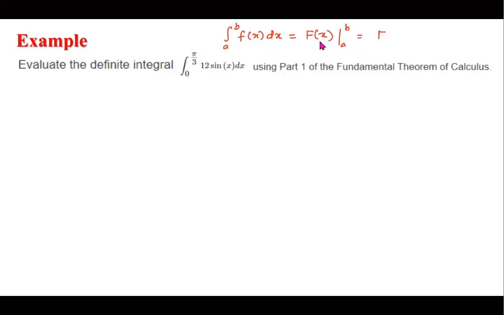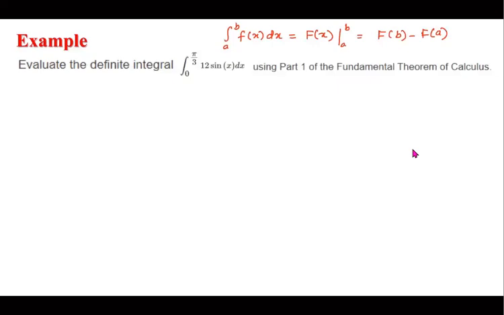By the first part of the fundamental theorem of calculus, you plug in the upper limit, subtract, and plug in the lower limit. That is what we are asked to use here, and we have already been using this.